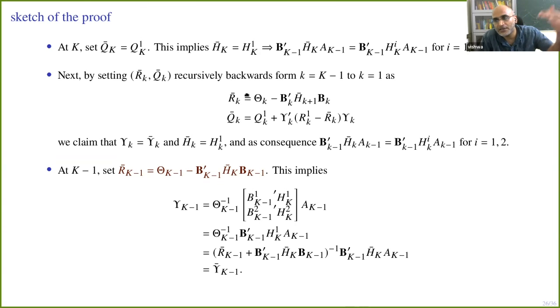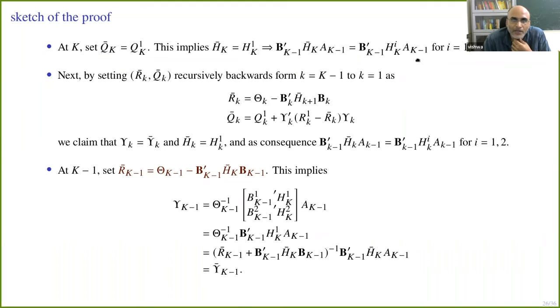We construct this backwards in time. So we set the terminal cost parameter of the game, that is QK bar, as the terminal cost parameter associated with player 1. This implies this condition holds true.